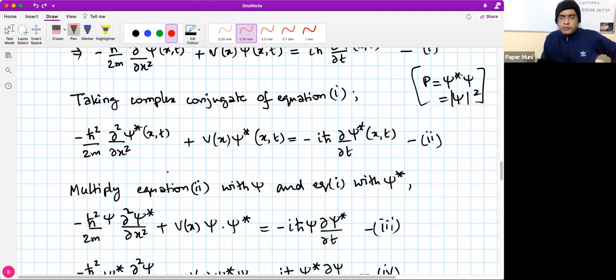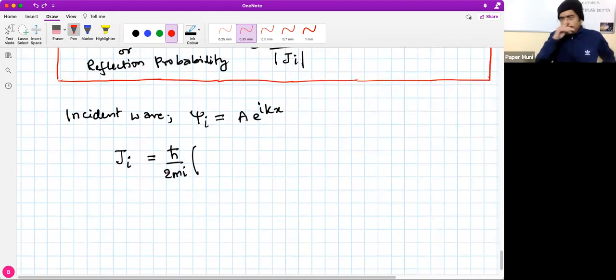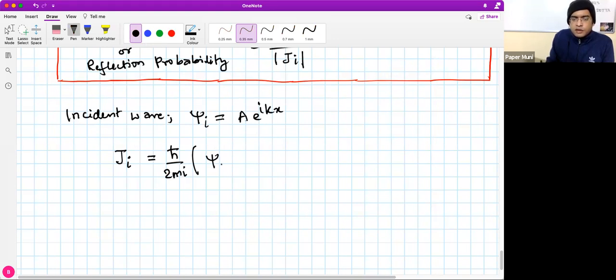Now, let's calculate the probability current density for this, that is J_I = ħ/2mi. Okay, so we have psi incident. Now this is psi_I* ∂psi_I/∂x minus psi_I ∂psi_I*/∂x.